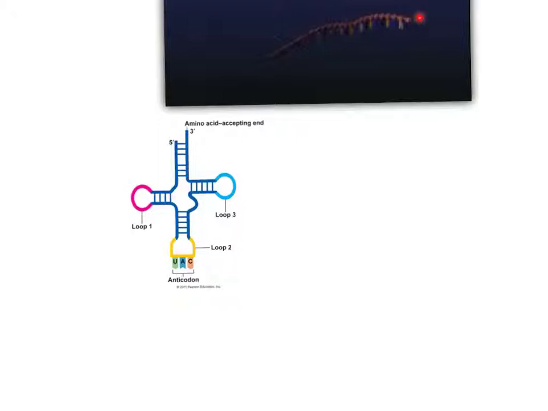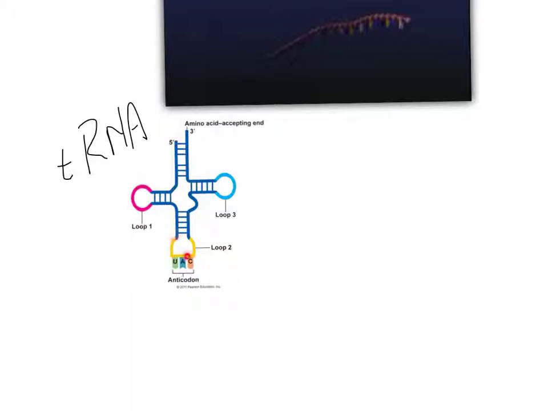Now, the difficult bit to appreciate here is that there are amino acids in the cytoplasm which are attached to these special molecules here, which are called transfer RNA, or tRNA for short. Okay, so they're made of RNA, and they're cloverleaf shaped.